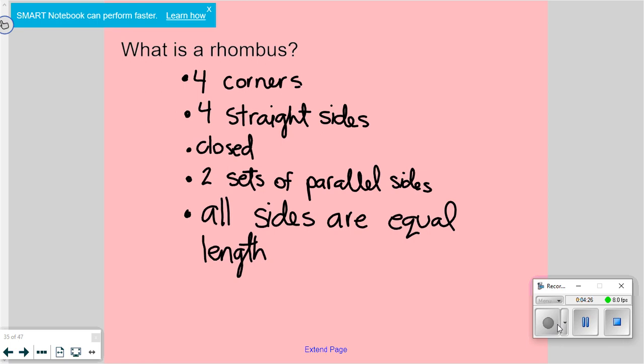All sides are equal length. What's that? Sorry to interrupt you. That some of you have seen, especially if you've been working in Freckle. It's probably not a word that you're really going to see a lot in 3rd grade. You will definitely start to see it in 4th grade, but I want to make you aware.